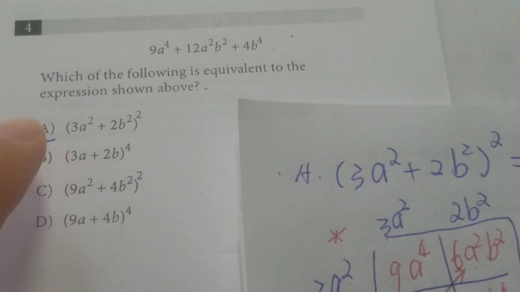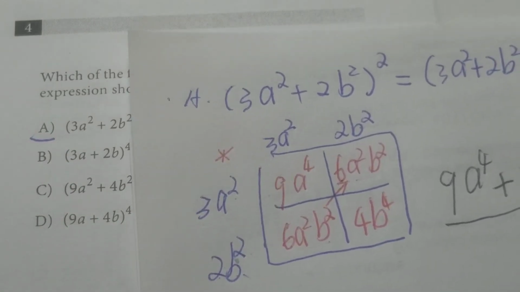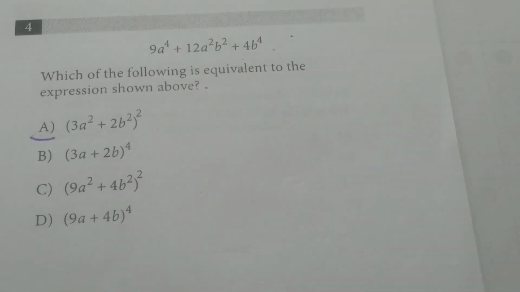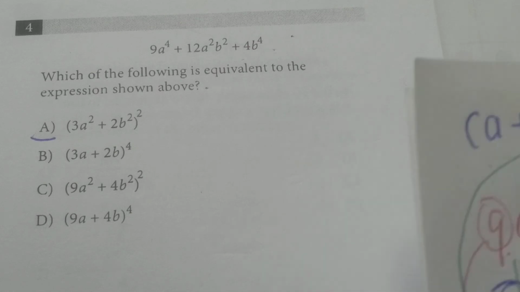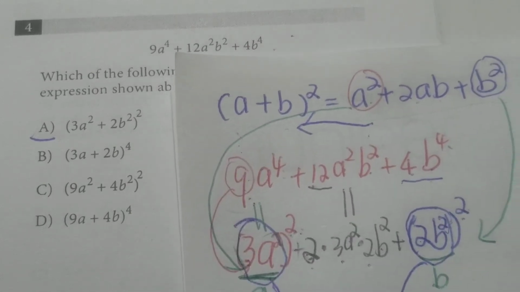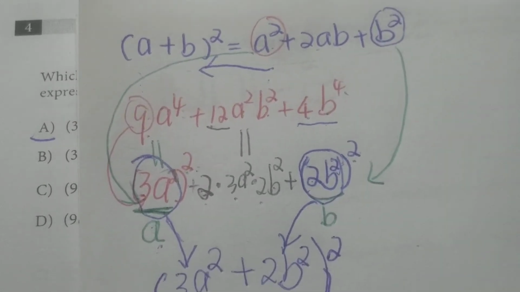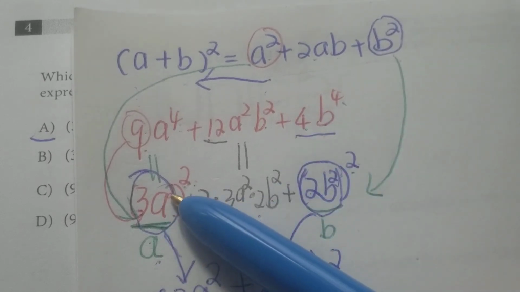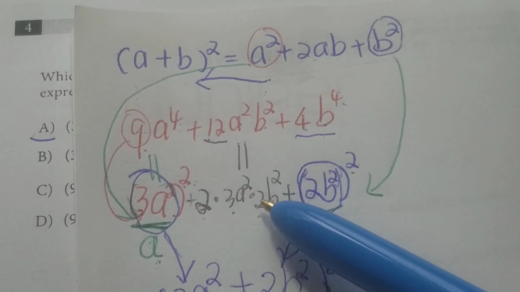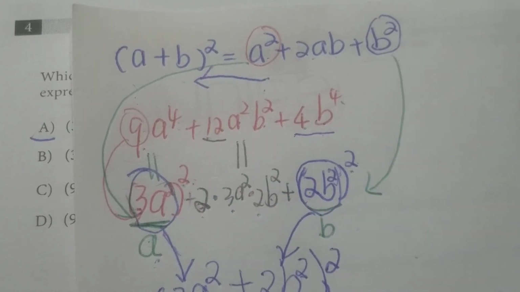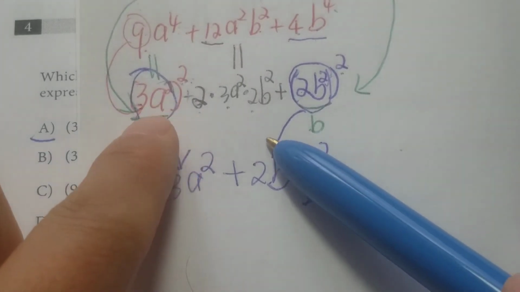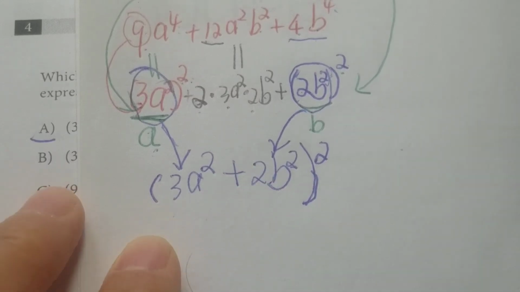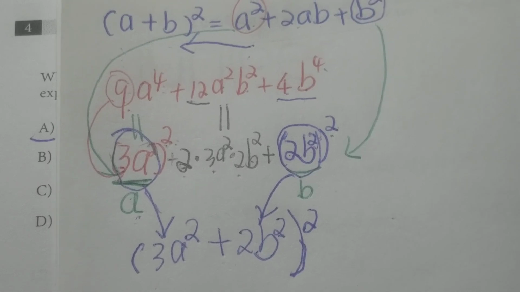Then we only did one 2 by 2 table. Okay, again, let me repeat, a summary for question number 4. The best way to deal with it is to use the special product formula. Rewrite it back to the a squared plus 2ab plus b squared form. Then write it with parentheses as (a plus b) squared. This is the easiest or best way to do it.